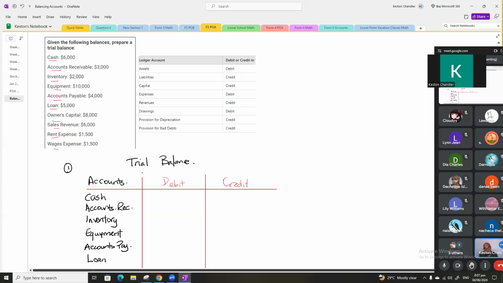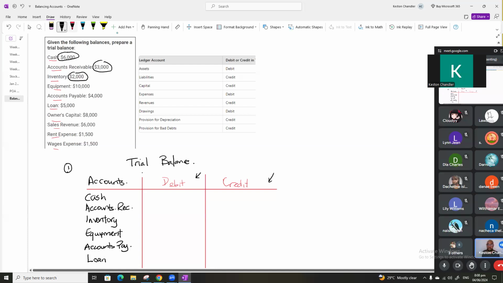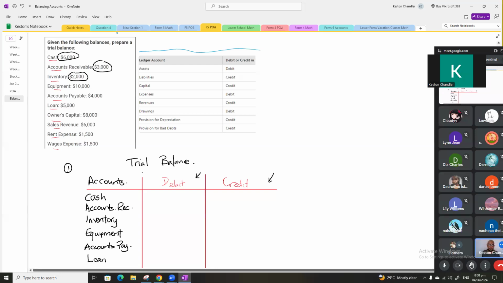So what I'm going to do now is I'm taking these balances here, right? And I have to figure out whether I'm going to put it in this column or this column. This table on the side here is going to help me to determine whether or not these balances belong in a debit or the credit column.